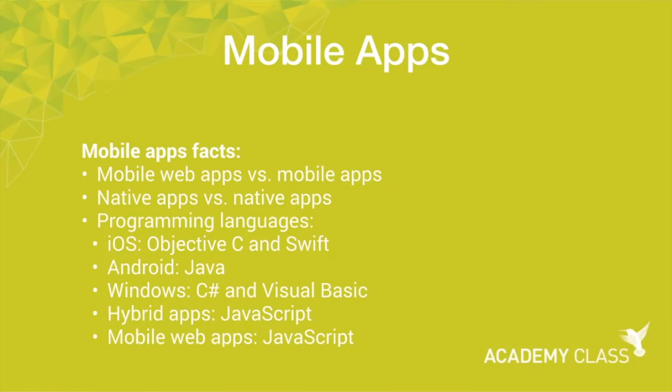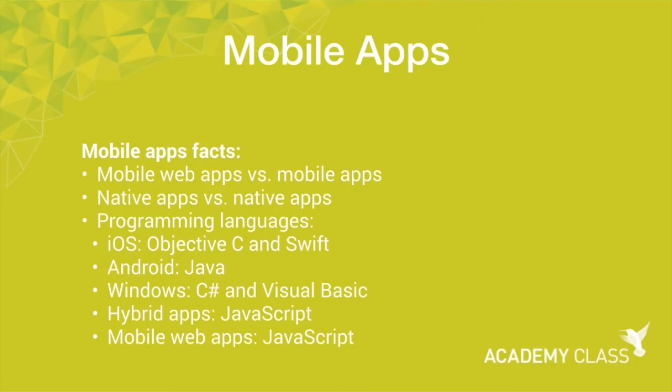Meteor can be combined with React and Angular, if you want. Mean has Angular in it, and Mern has React in it. So you cannot just use React or Angular alone. You have to have some backend for that, and those three options are the full app frameworks.